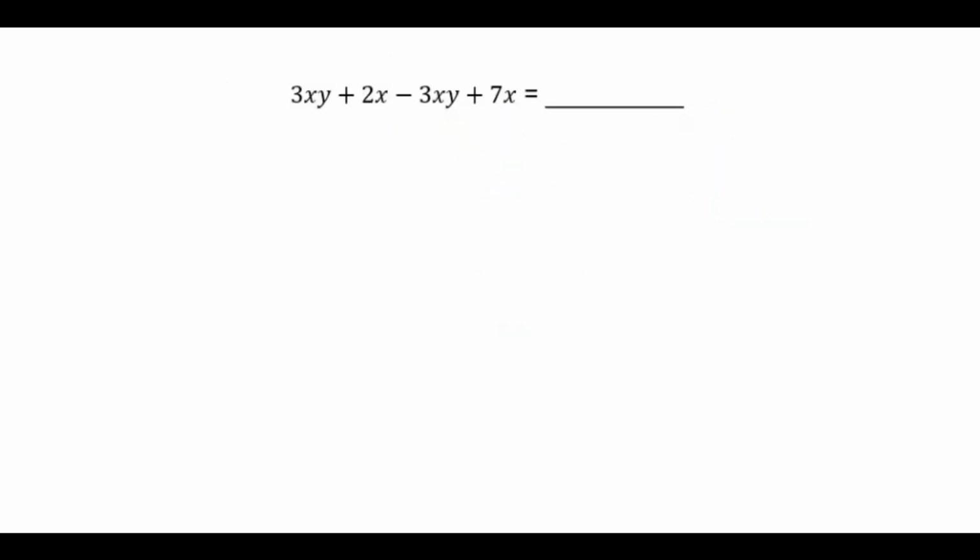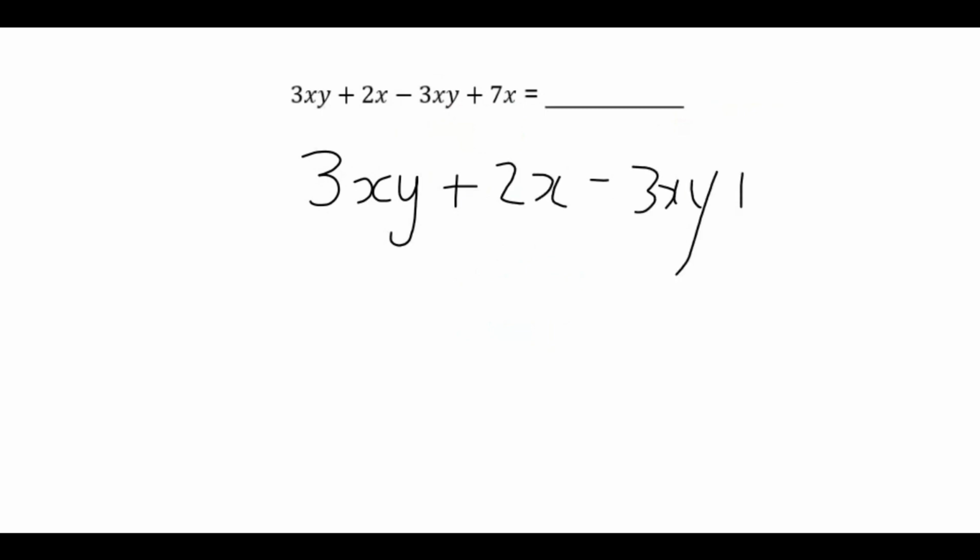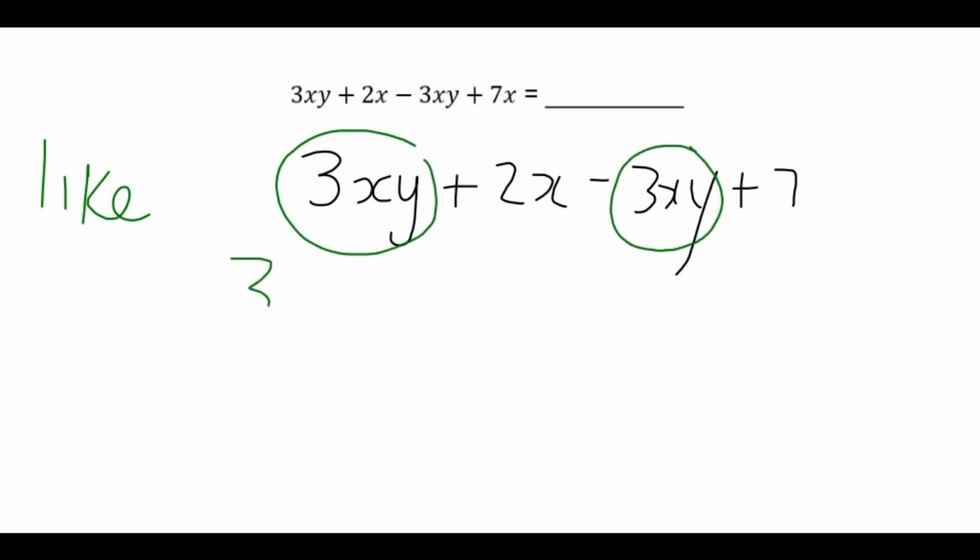And finally, let's see if we can put all this in practice. We have 3xy plus 2x minus 3xy plus 7x. Now we need to look for the like terms, the things that we can add. That would be 3xy and 3xy. So I'm going to write them down: 3xy, and I put the minus that's there in front again, minus 3xy.